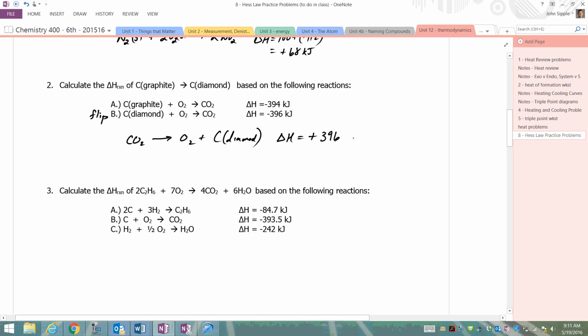So if you flip a reaction, you change the sign of delta H for that reaction. We flipped that one, so I'm going to cross it out now just to clean things up a little bit.